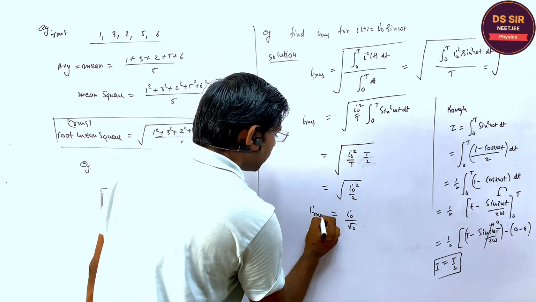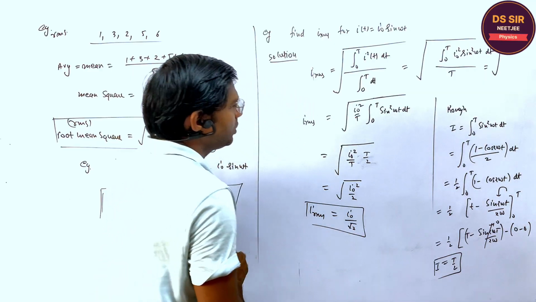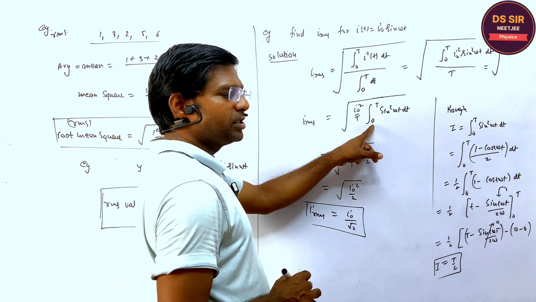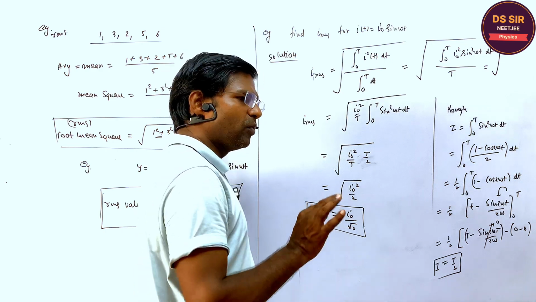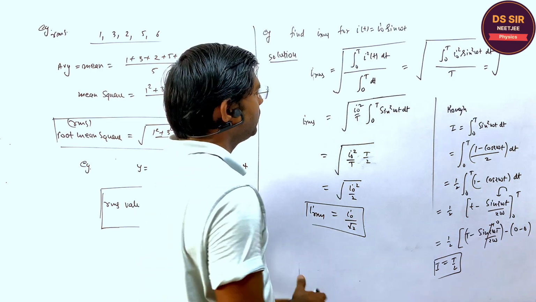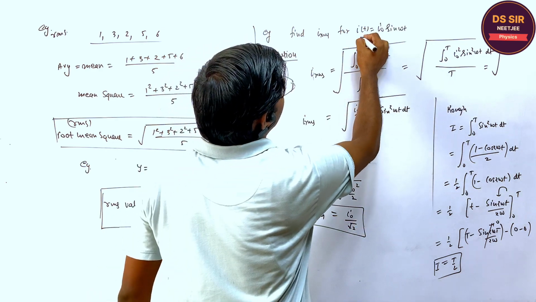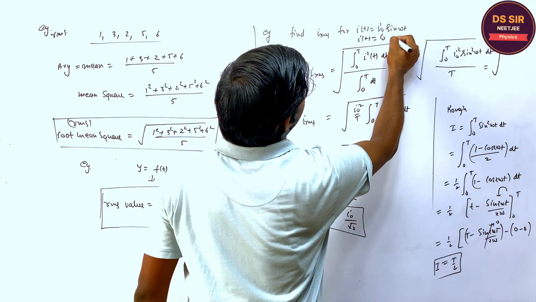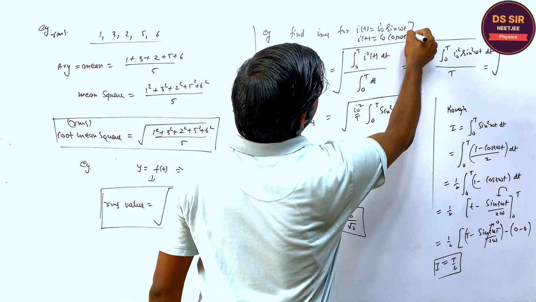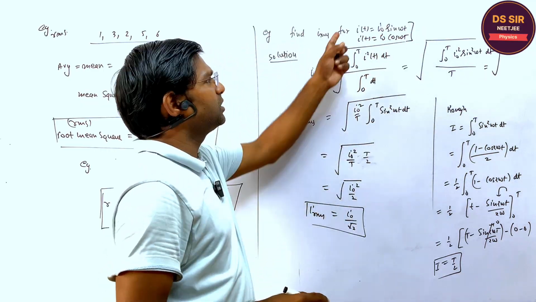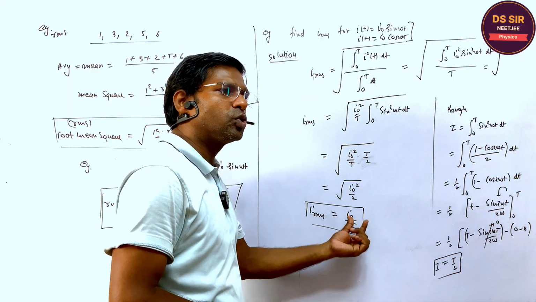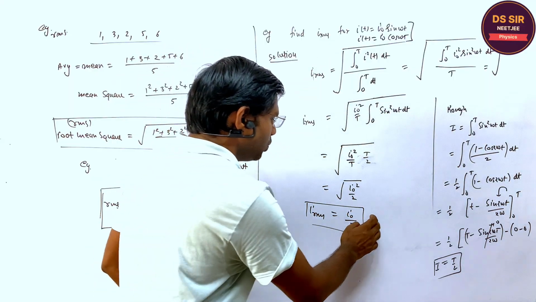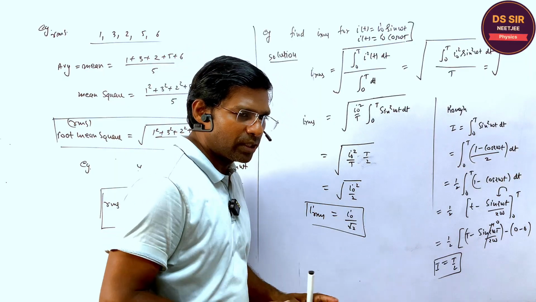So this is the value of the IRMS. Do you understand or not? This is the same for one time period. For half time period, the RMS value will be the same also. Even for the other function cos omega t. These two functions are called sinusoidal functions, and the RMS value comes to be I0 by root 2. And you have to remember this. Do you understand this, Sanjay?